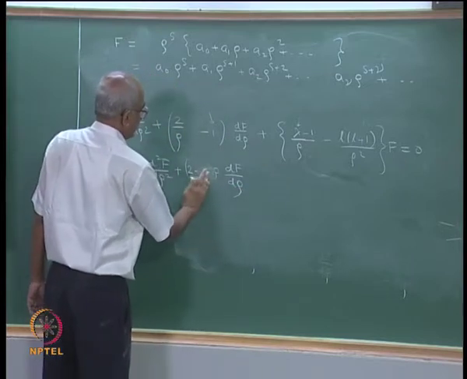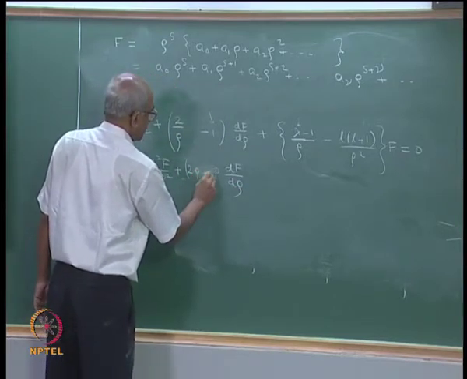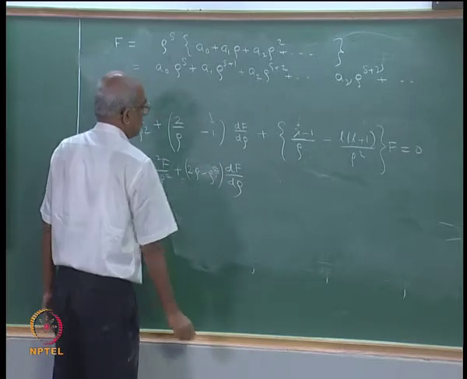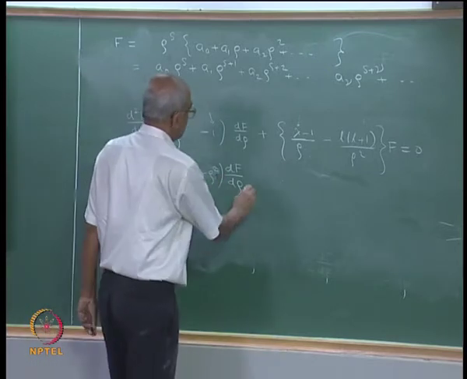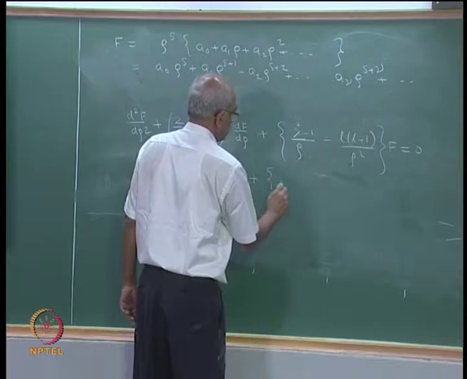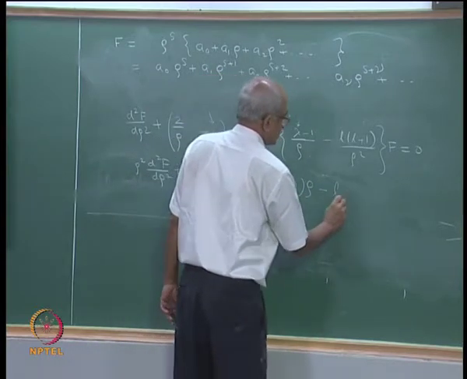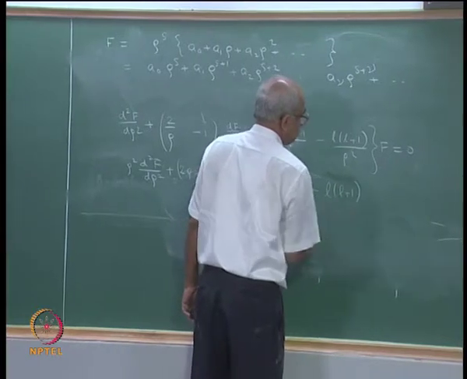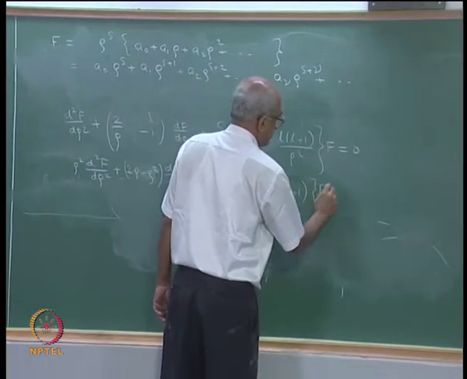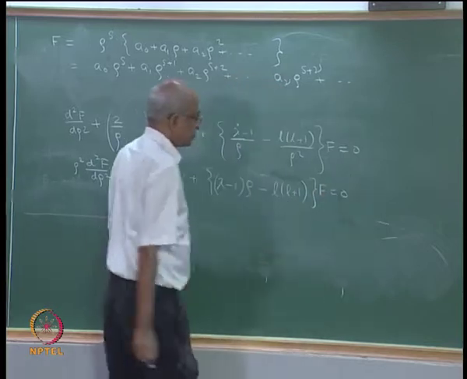Or maybe I will write this as 2 rho minus rho square plus lambda minus 1 into rho minus L into L plus 1 into F is equal to 0. So this is the equation that I should now solve.